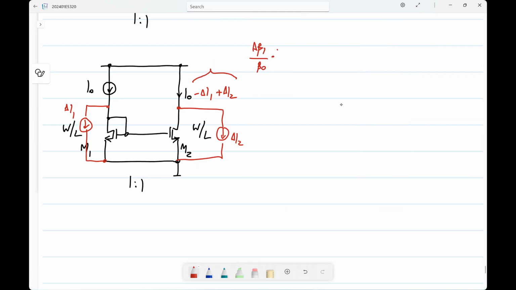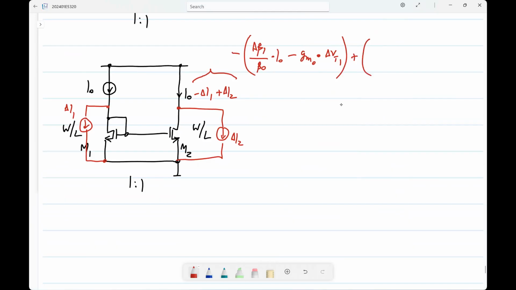Delta beta 1 by beta naught times I naught, the nominal current, then minus GM. GM is the same for these two, so I will use just GM naught times delta VT 1. Okay, so that is delta I1. So I have to take minus this. I'll keep the signs correct for now. We know that it really doesn't matter.